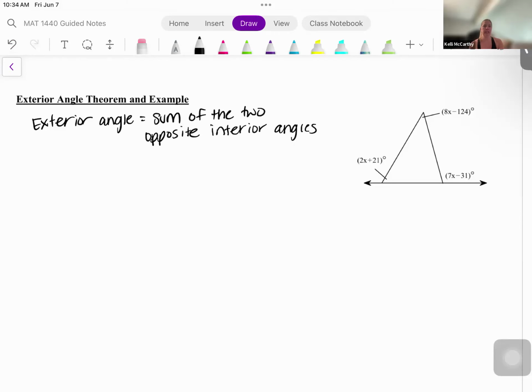So we're going to use this theorem and this picture to solve for our unknown value of x. And then we're going to actually talk about how we know this to be true.